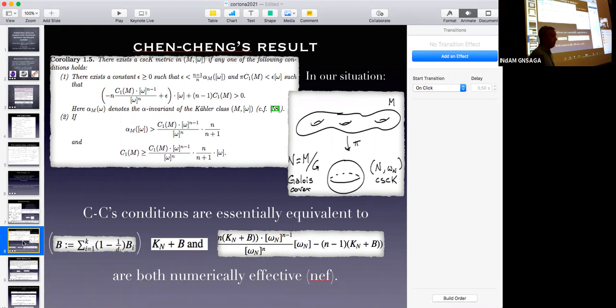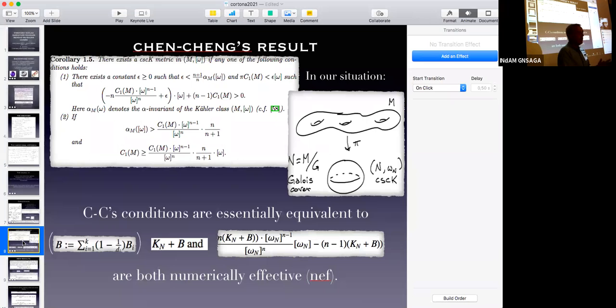Now, NEF, I think NEF means it's a line bundle whose restriction to every curve has nonnegative degree. It's intuitive but wrong. I'm sorry, I'm recorded, so I'm not going to say something that can be used against me, but it's kind of thinking about possible limits of ample line bundles.